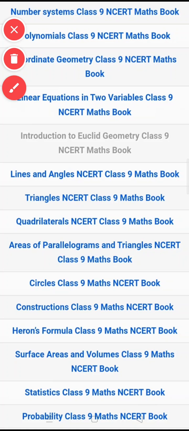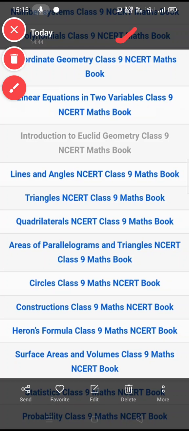The first chapter is number systems, the second is polynomials, the third is coordinate geometry, and the fourth is linear equations in two variables.